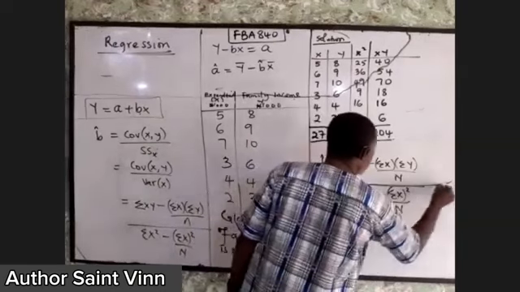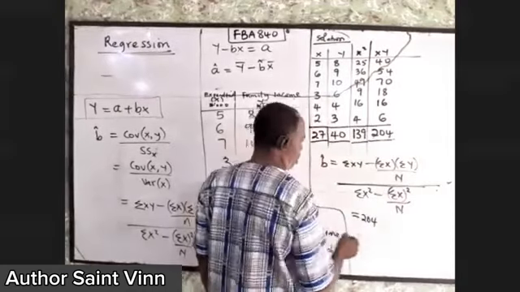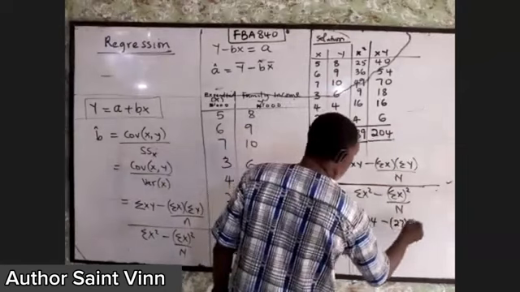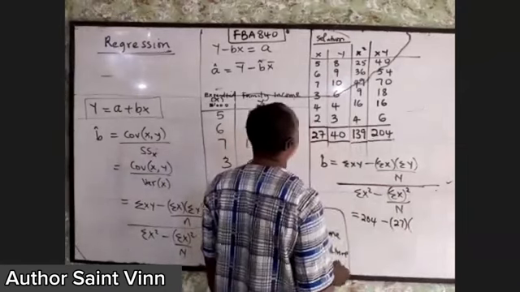This is our denominator, the line of division. Summation of x is 27. Summation of y is what?